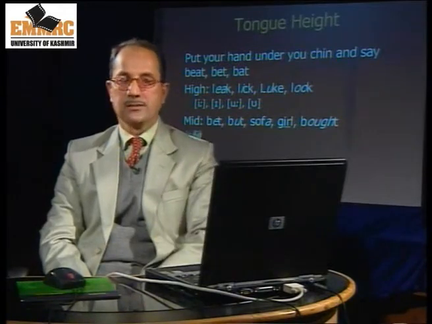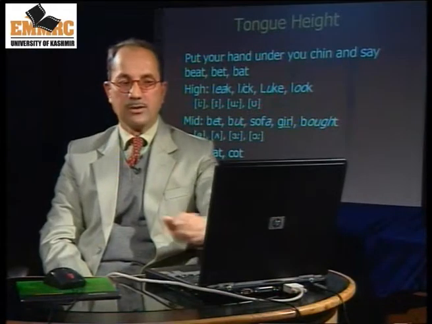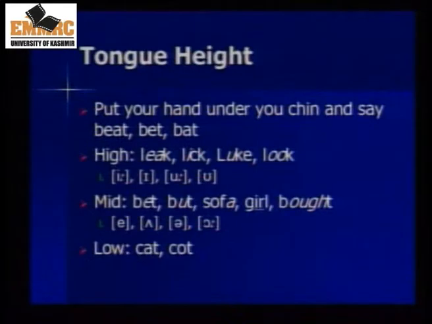Vowel symbols which are used for the italicized letters a, u. Low vowels, cat, cot. The symbols for vowels are a and a.